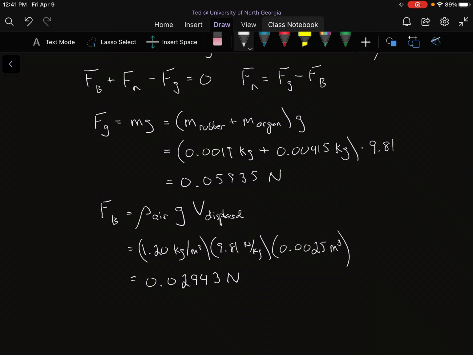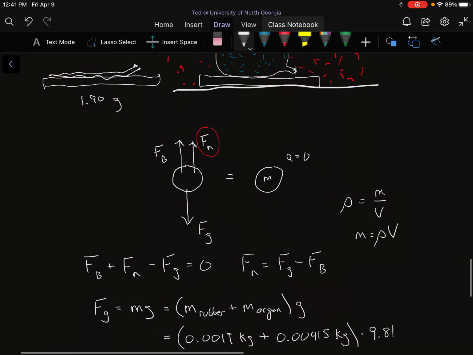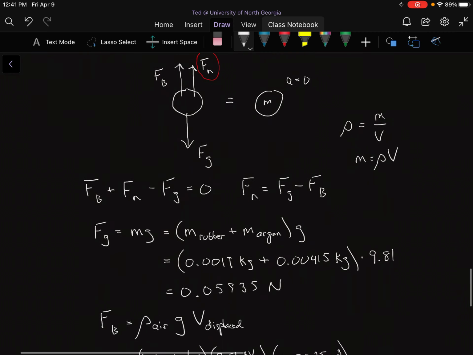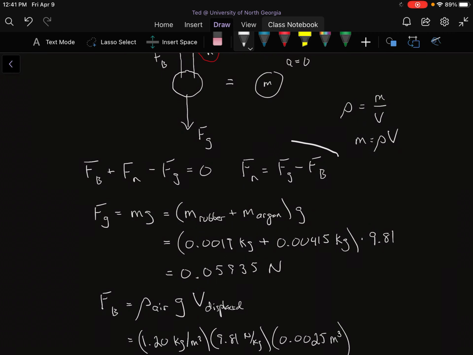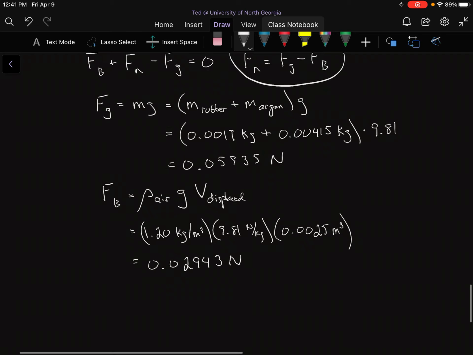And so that means if I were to drop this balloon, it would sink because gravity is stronger than the buoyant force. But this thing has already sunk, and it's sitting on the scale, and we want to figure out what the scale reads. So we're going to use that the scale reads gravity minus the buoyant force.